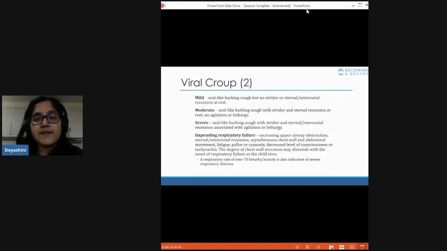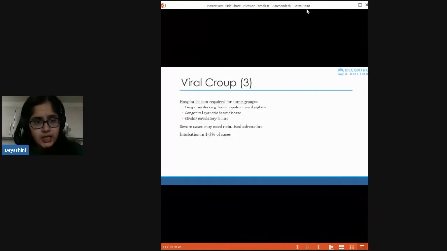So all the severe signs we've already talked about will do that. And obviously, I hope you would be thinking that in the severe categories, you would want to admit them to hospital. Some of the other ones are if they have bronchopulmonary dysplasia, congenital heart disease, or if they have signs of circulatory failure, you want to be hospitalizing them.